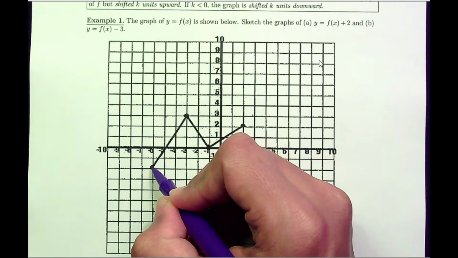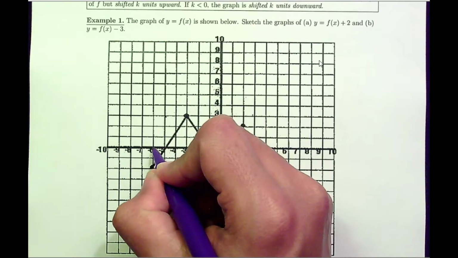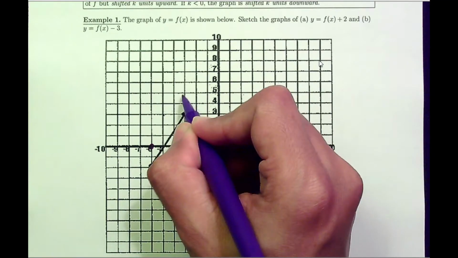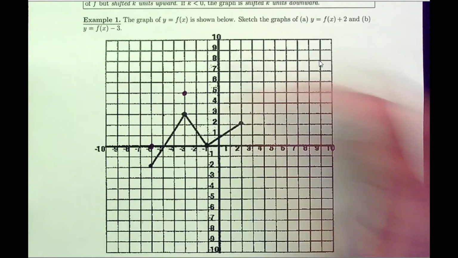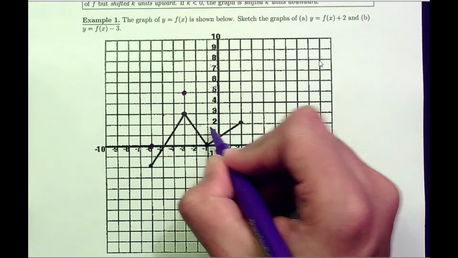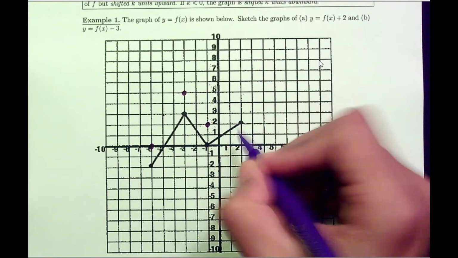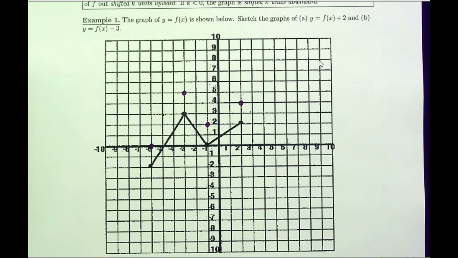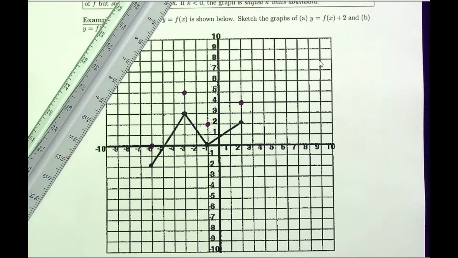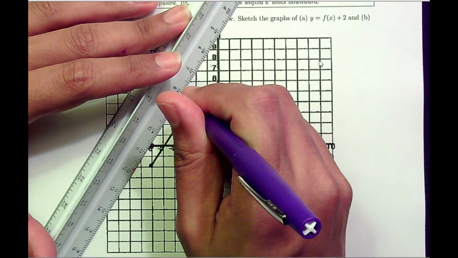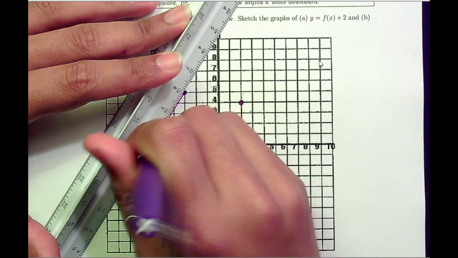So I take this one and I move it up by 2, and I end up right there. And then I take this one and I move it up by 2, ends up right there. And then I take this one and move it up by 2, and this one, you move it up by 2. And then you connect the dots following the same shape, because this really should be exactly the same shape. All you're doing is moving it up. And then you're going to have the graph of the new function, of the modification.